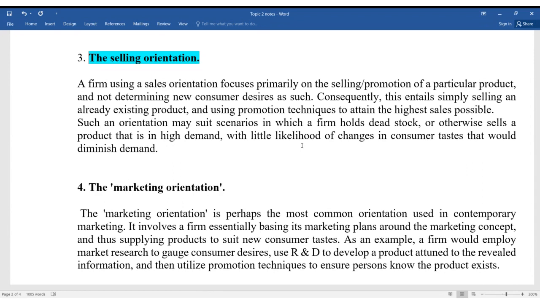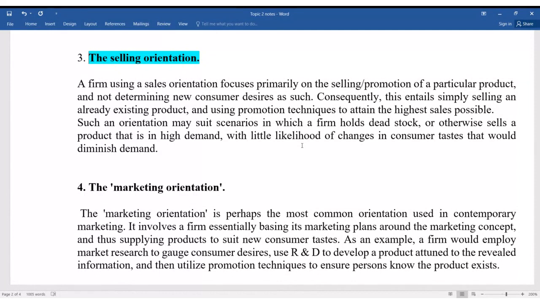What are some of the roles that a marketer would undertake to implement such a program? One is to set a high promotional budget, increase the promotional budget, like advertising budget, sales promotional budget, give lots of incentives.